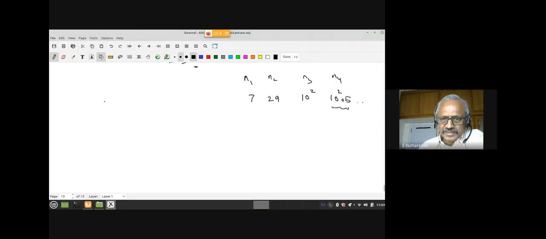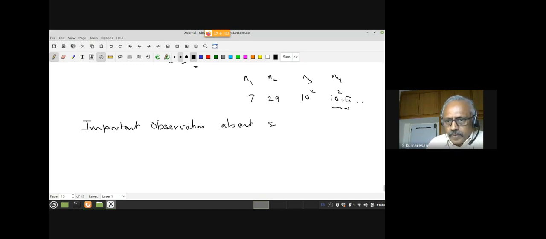That's enough. Now this is the most important observation about subsequences. If nk is a subsequence, then we know n1 is less than n2 is less than nk is less than nk plus 1, right?